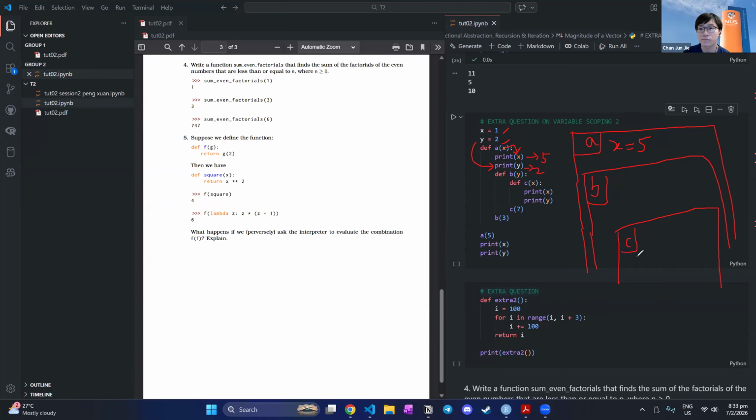So inside function C, print x will output 7. Then print y. This variable y is taken from one level up, which is the B function y input parameter, which is 3.